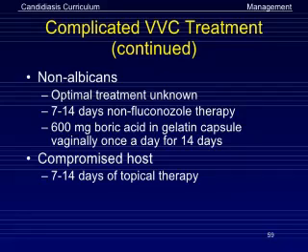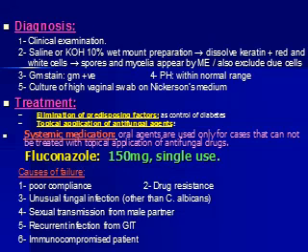Compromised hosts are treated by 1 to 2 weeks of topical therapy. Vaginal candidiasis can be diagnosed by clinical examination, saline or potassium hydroxide 10% wet mount preparation, Gram stain, pH, culture of high vaginal swab.